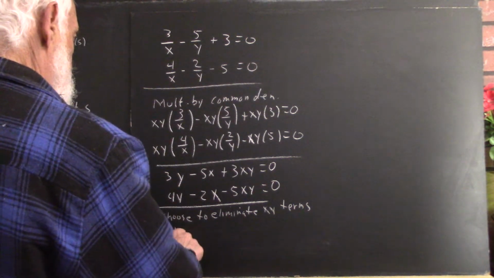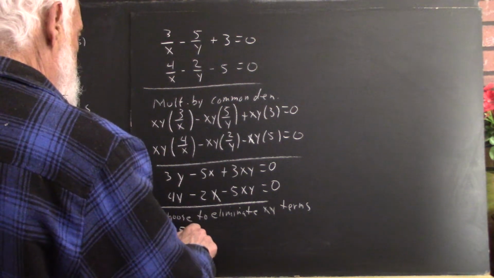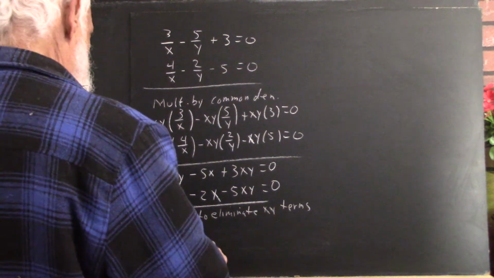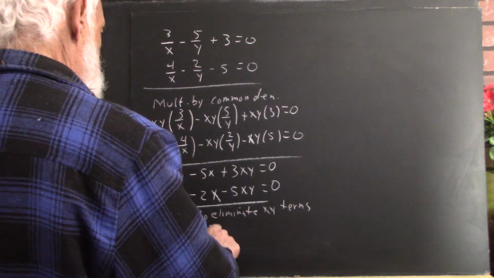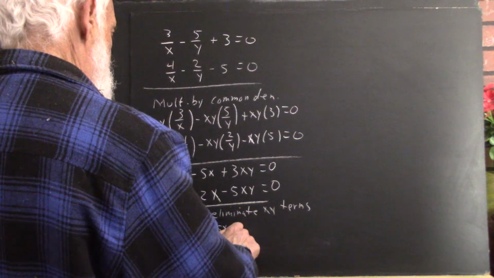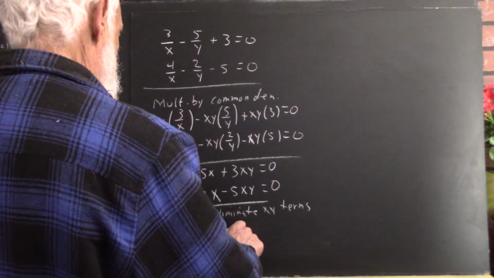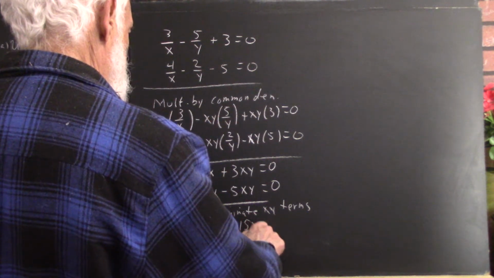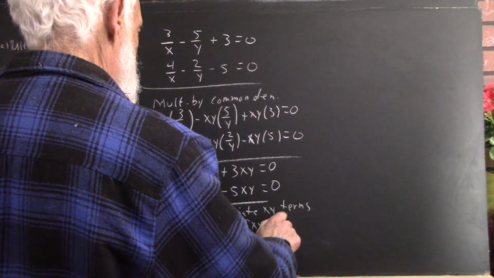So we can write that out. We got 15y minus 25x plus 15xy equals 0.